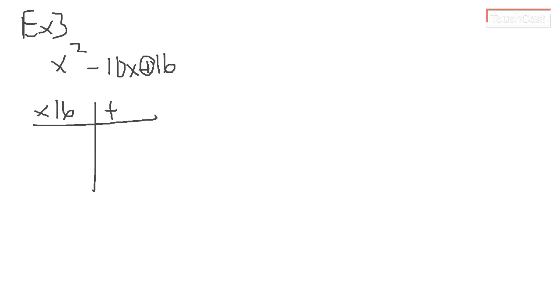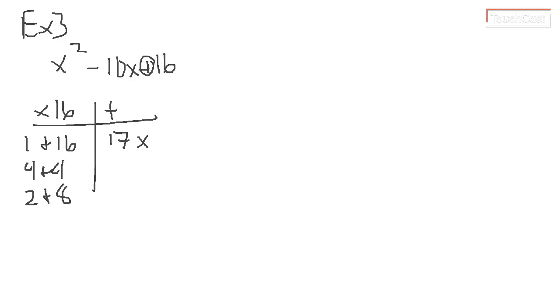So numbers that I know that multiply to make 16, I know 1 and 16 do that. I know 4 and 4 and 2 and 8 all multiply to make 16. I want to make sure if I add these, they make 10. 1 and 16, if I add, make 17.